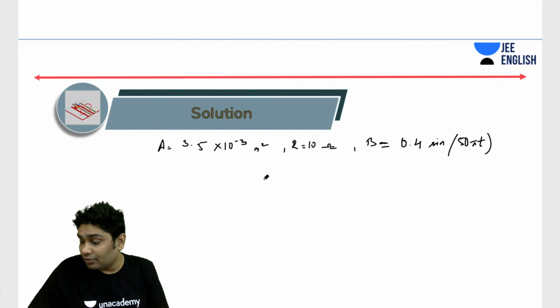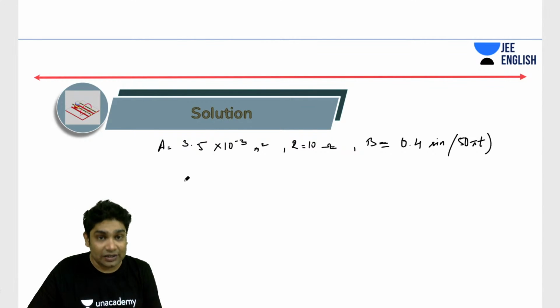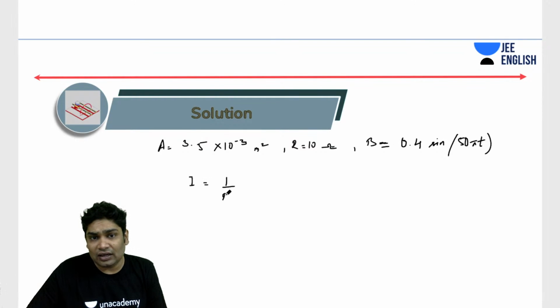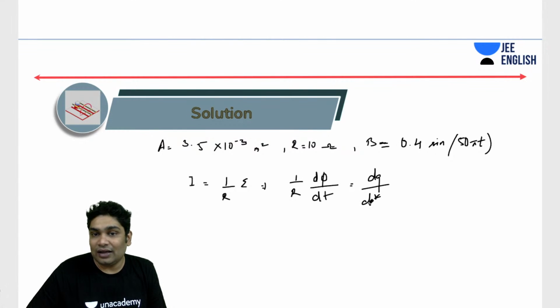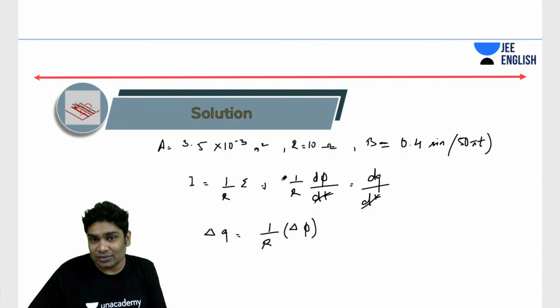Now, I hope you remember how we used to calculate the charge. Current would be 1 over R into EMF, which would be essentially 1 over R into d phi by dt, and this can be written as dq over dt. We had done this, so I told you delta q, the amount of charge flown, is always equal to 1 over R times delta phi, with of course a minus sign.